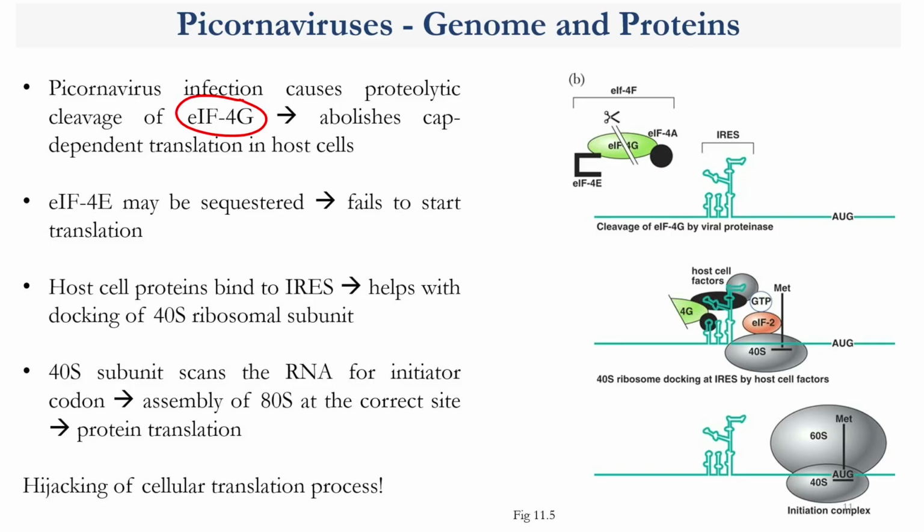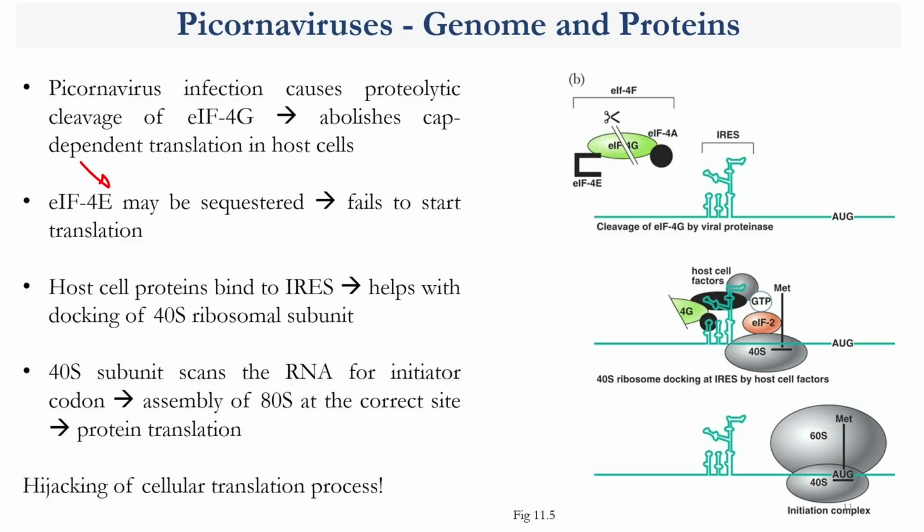So the virus itself is going to cause cleavage of this whole complex, okay? As a result, it's going to abolish the cap-dependent translation in the host cell. So what that means is, it's hijacking the cellular translation. As a result, cell cannot translate its own mRNA, okay?